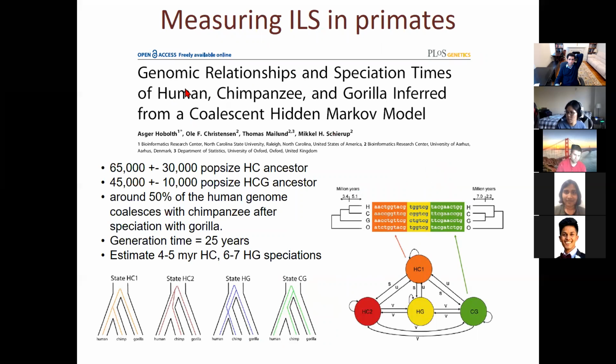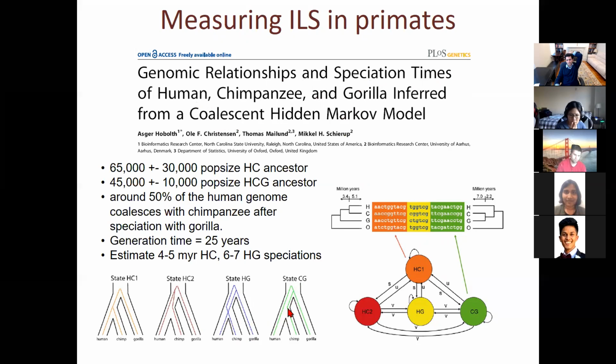Similarly, in primates, this group has basically proposed that genomic relationships and speciation times of human, chimp, and gorilla infer a coalescent relationship, where you have some topologies of human, chimp, and gorilla being incongruent with the species topology.